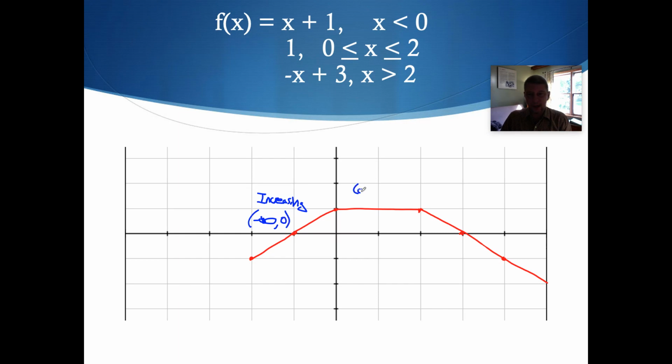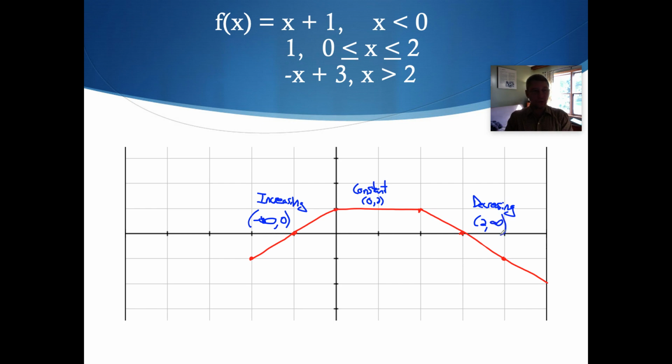Then it's going to be constant between x equals 0 and x equals 2. And over yonder, it's going to be decreasing from x equals 2 to x equals positive infinity.